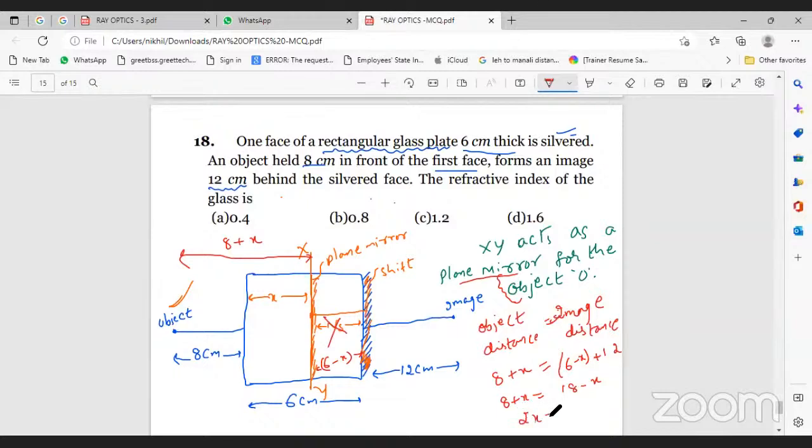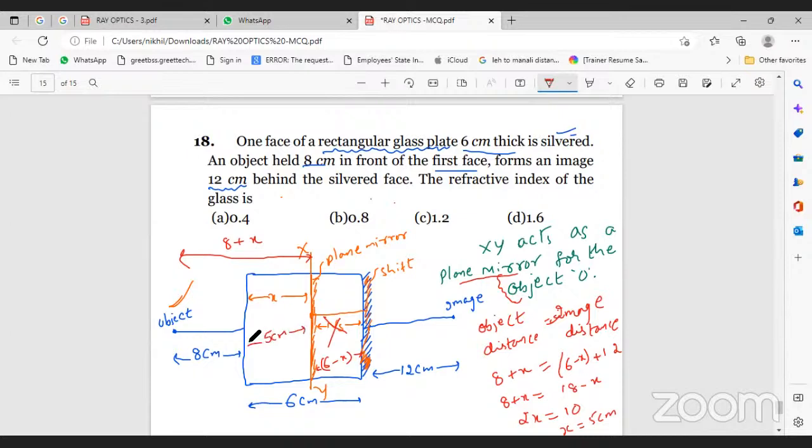So what is 2x? 10. So what will be x? 5 centimeter. So x is 5 centimeter, isn't it?